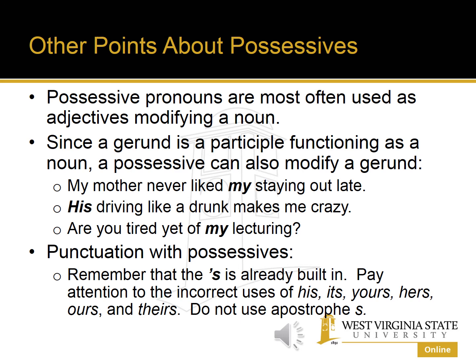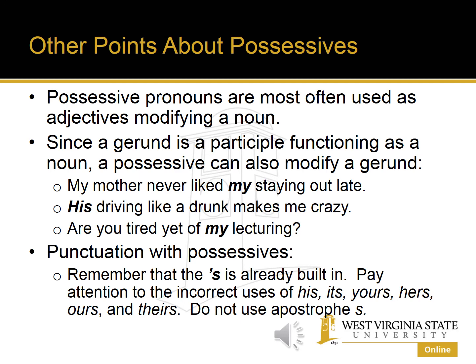So it should be my staying, not the objective case me. What's liked is not me. What's liked is the entire gerund phrase. My mother liked my staying out late.